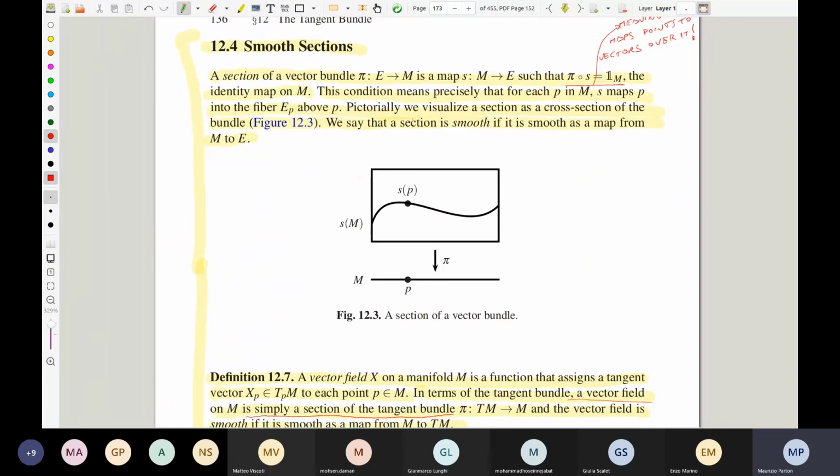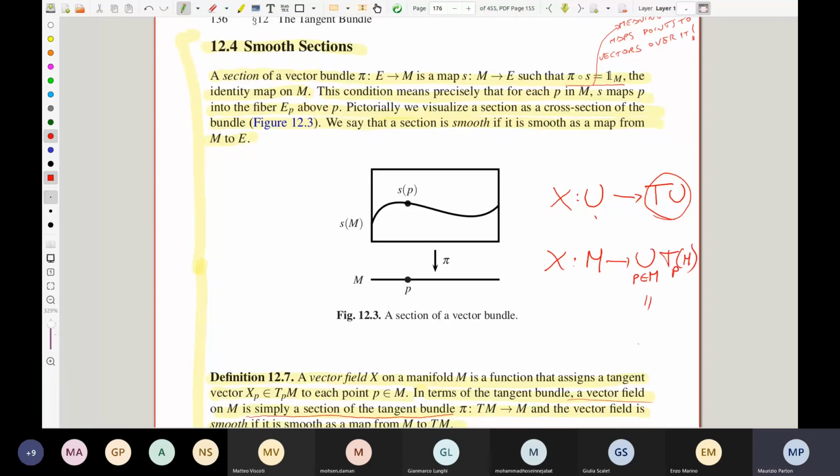Remember, I told you the point is giving a notion of vector field as a map from U to this union of tangent spaces. Well, now we have this notion. Okay, now we know that the vector field is a map, remember, from the manifold to the union over all the points of the manifold of the tangent spaces to the manifold.